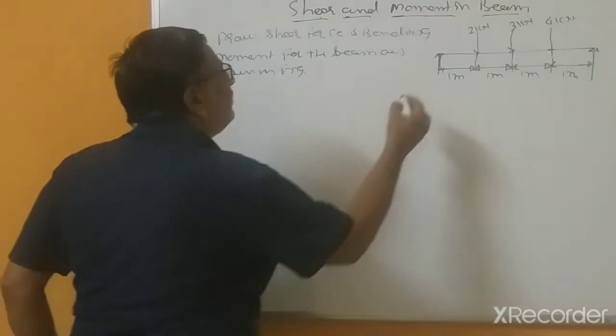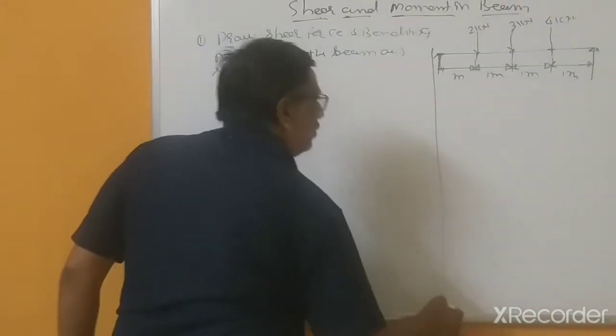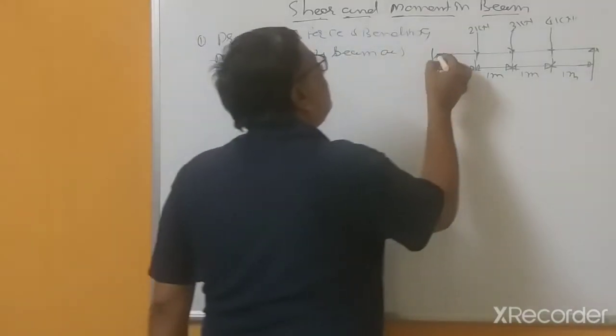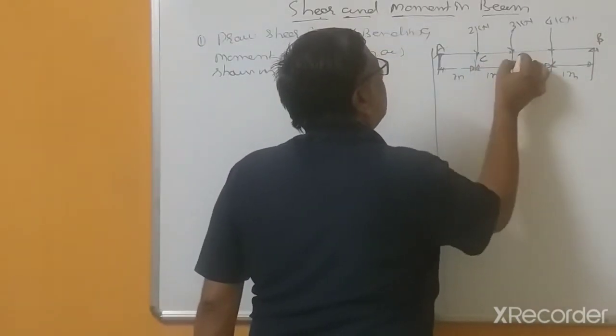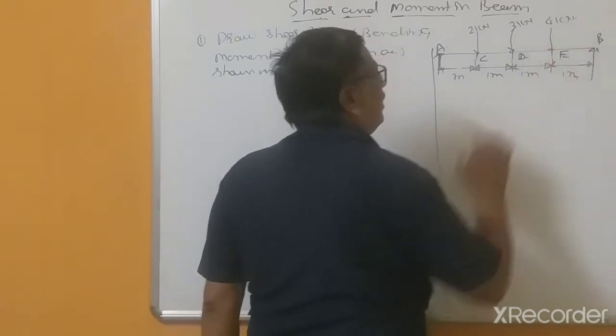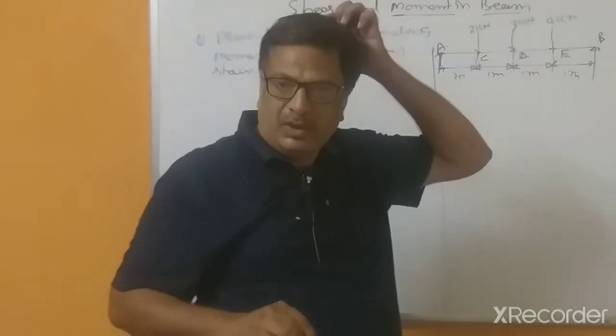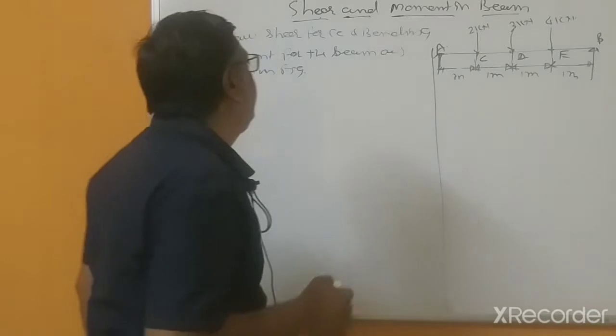So for this, suppose this is point A and this is point B, and these are points C, D and E. If the points are not given, first mark all the points.